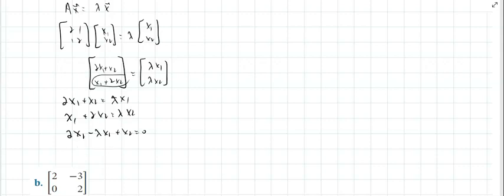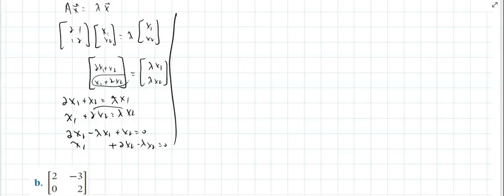So when I move this over, that should be x1 plus 2x2 minus lambda x2 equals 0.